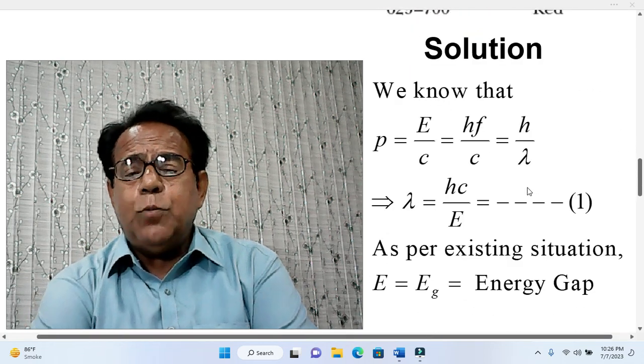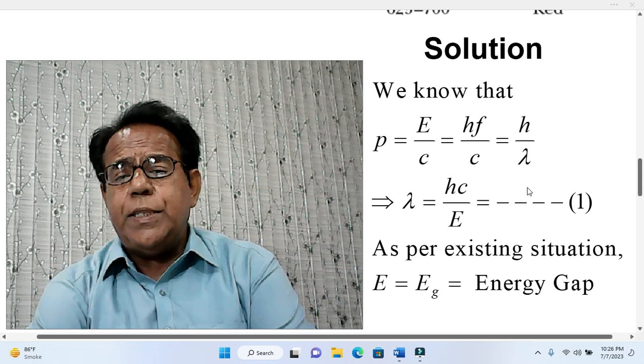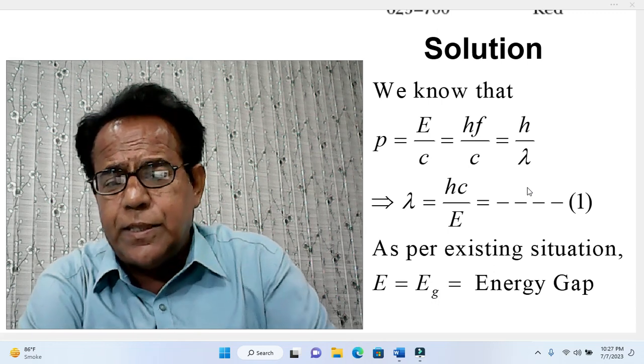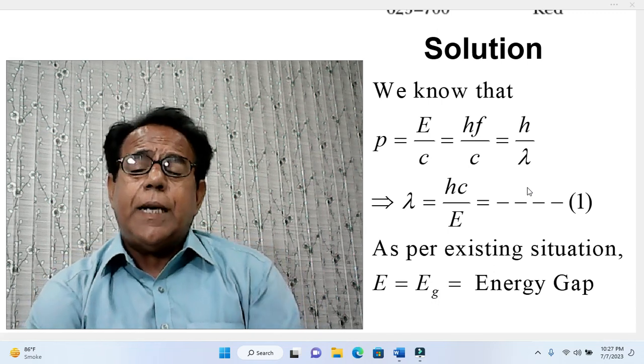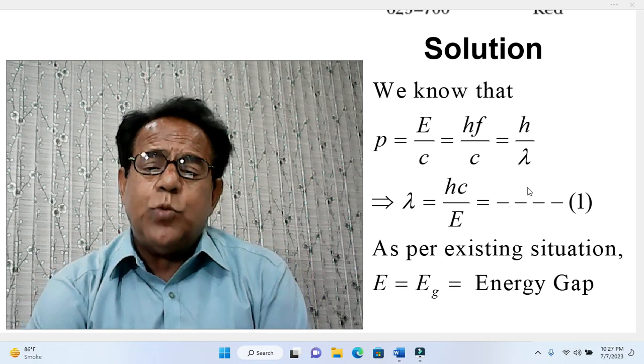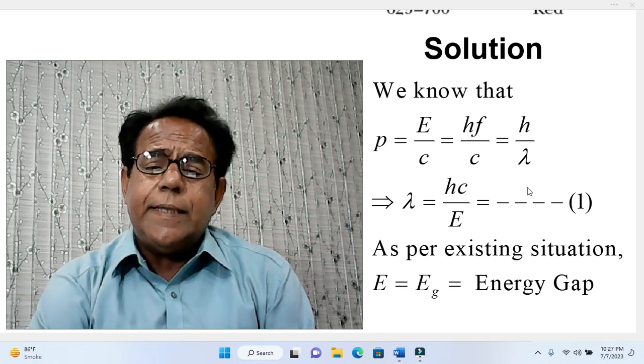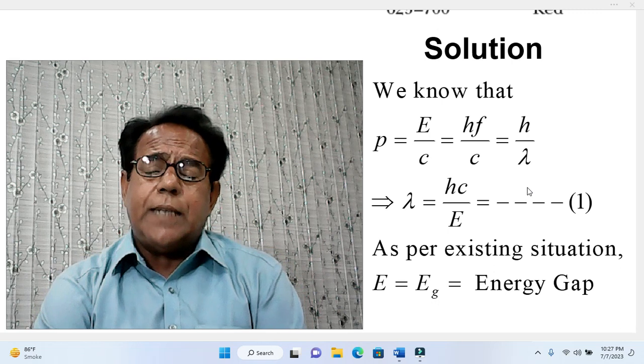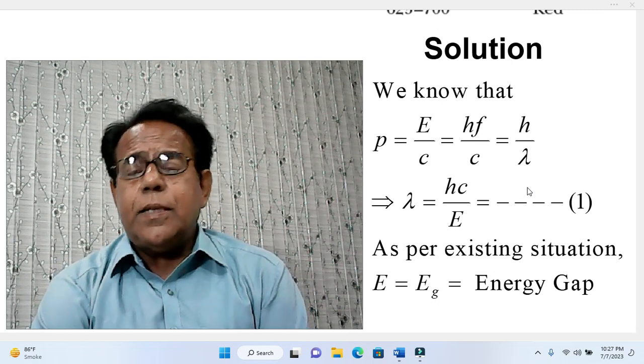We know that momentum p is equal to E over c is equal to hf over c is equal to h over lambda. This implies that lambda is equal to hc over E. This is the same as we have described in the tool.